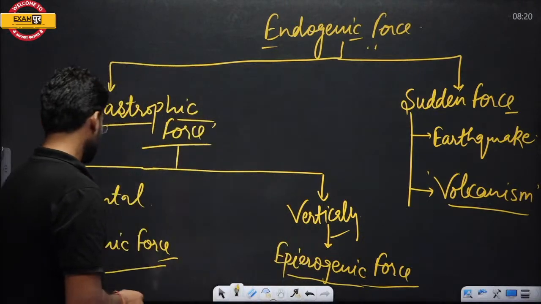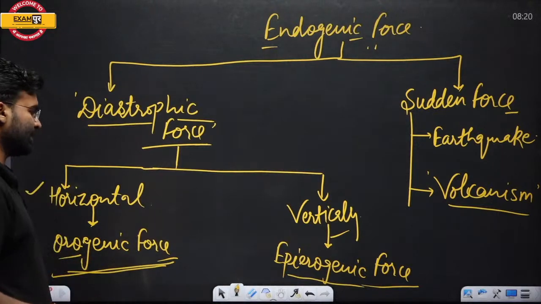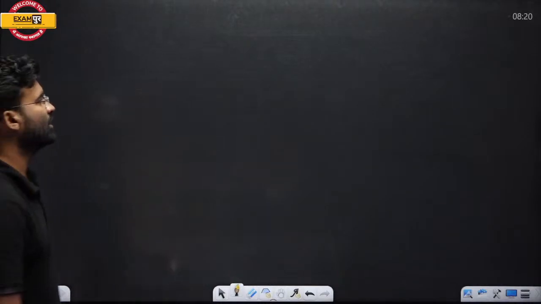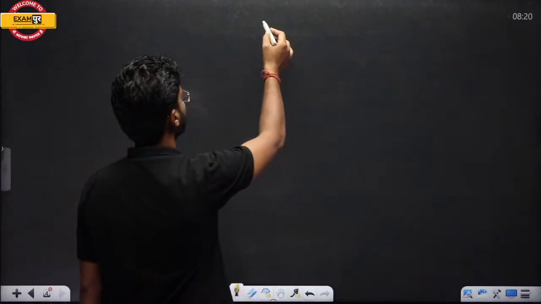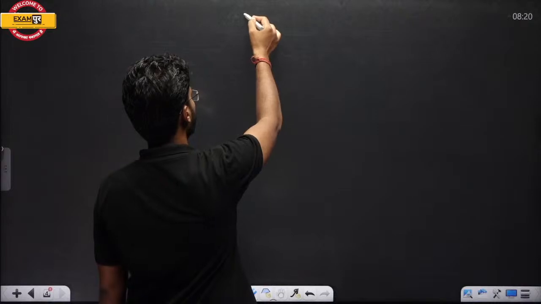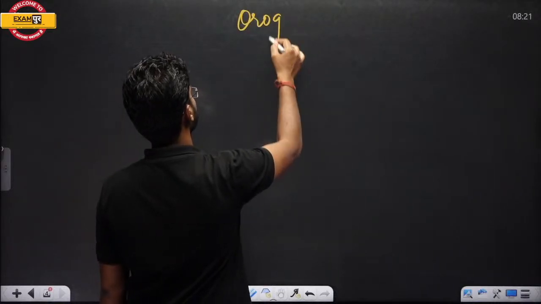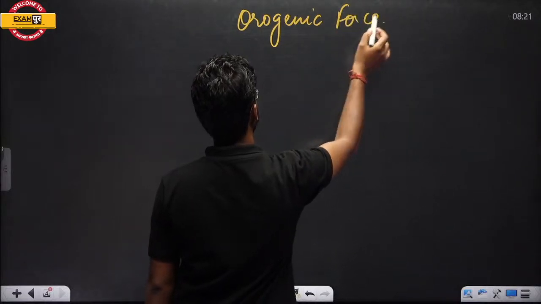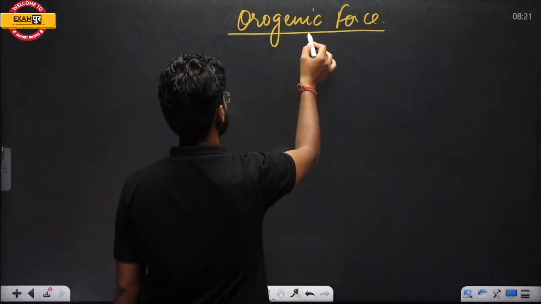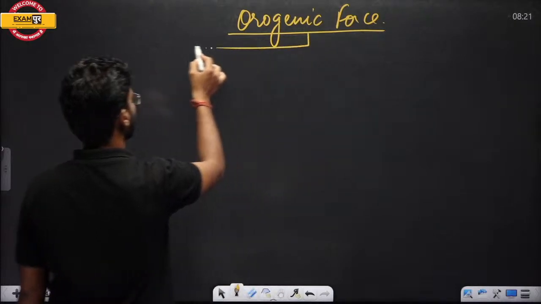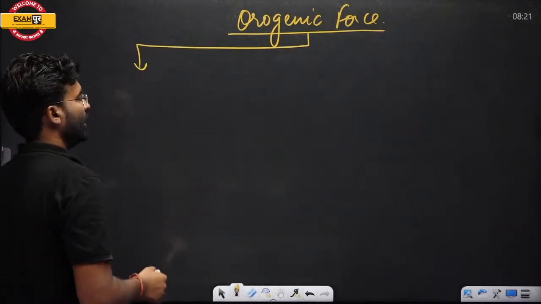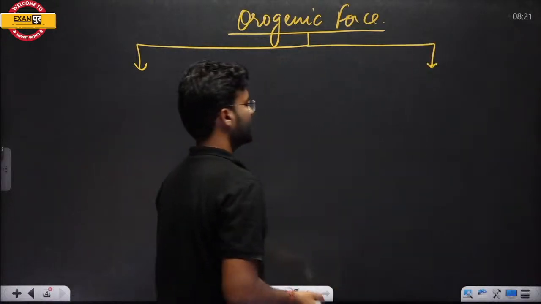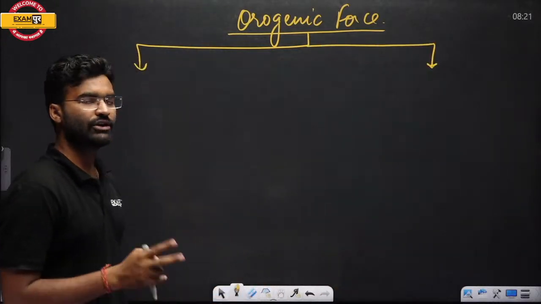If the orogenic forces are working, then there are two types of force seen. The orogenic force is the force beneath the surface which is working horizontally. Then there are two conditions.